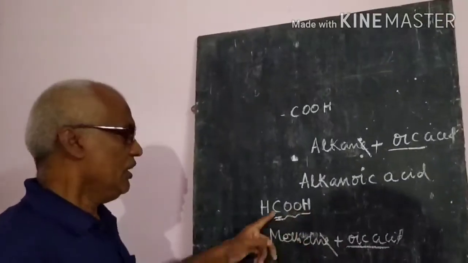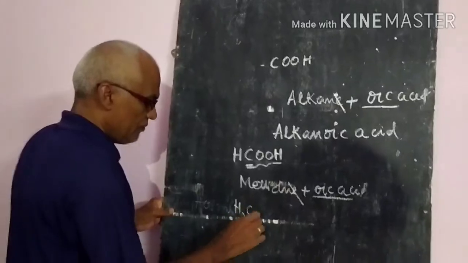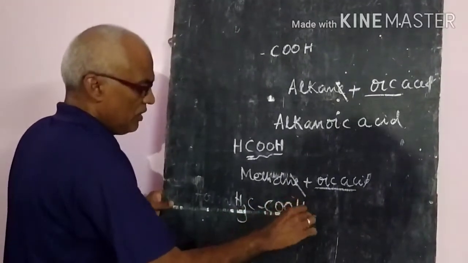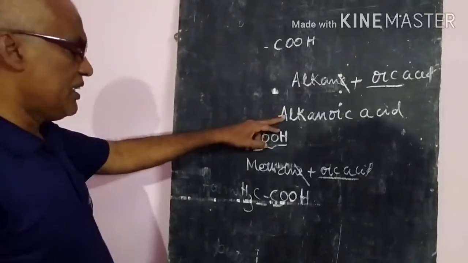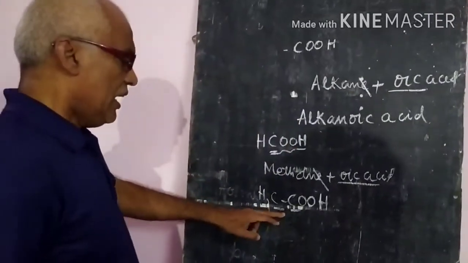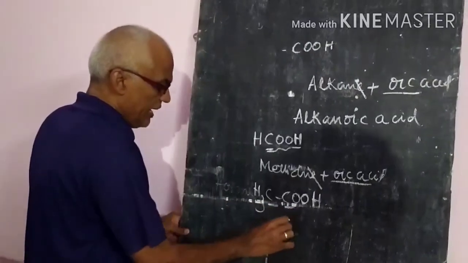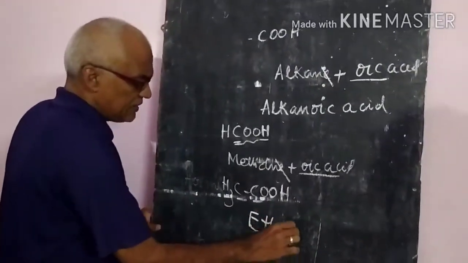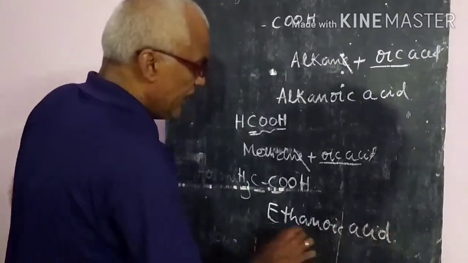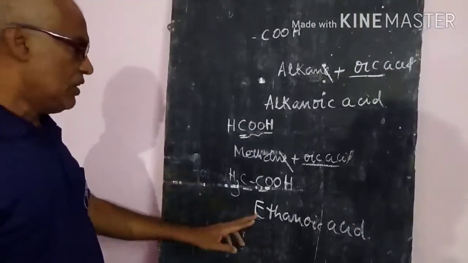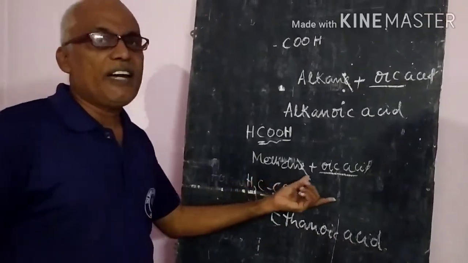Methanoic acid. If two carbon atoms are there, CH3COOH, the alkane name is ethane, and the acid group is there, so this name is ethanoic acid. In the common name, we call it acetic acid. Suppose three carbon atoms, propanoic acid.